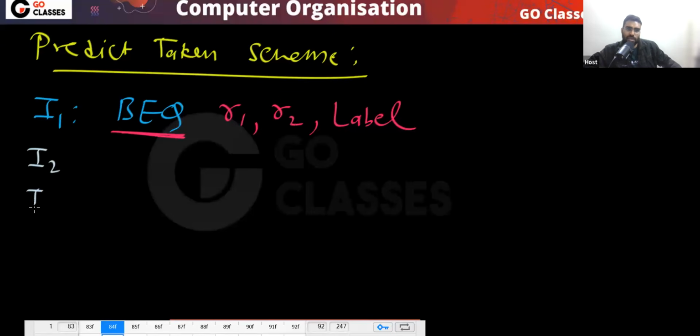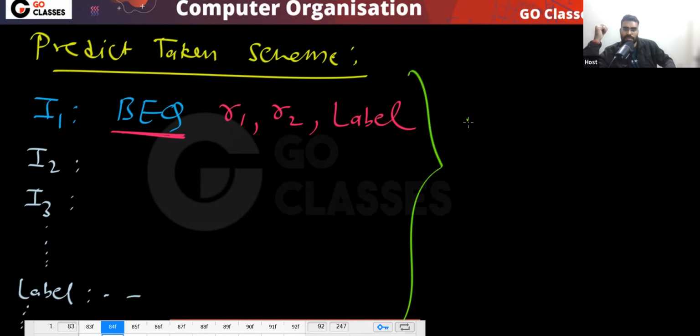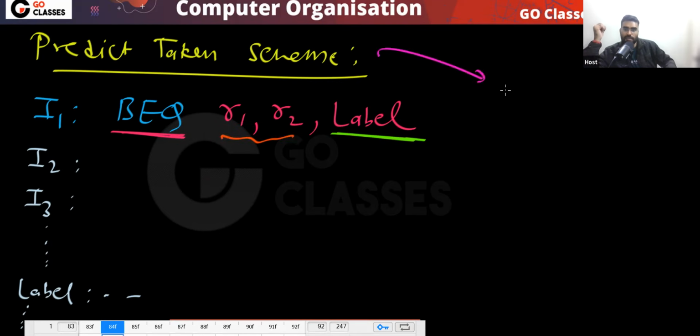Then you have I2, then I3, and there is the label. Now tell me what this scheme does. This predict taken scheme simply goes to the label. It does not check R1 or R2. It just goes to the label.